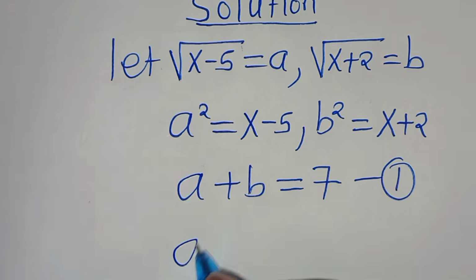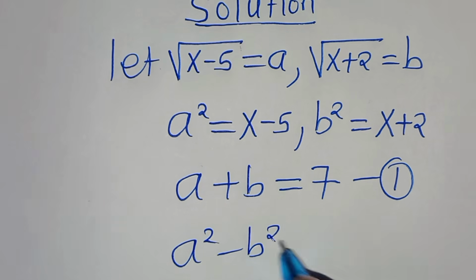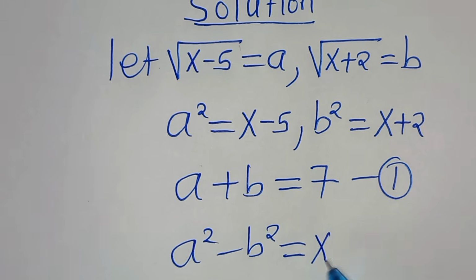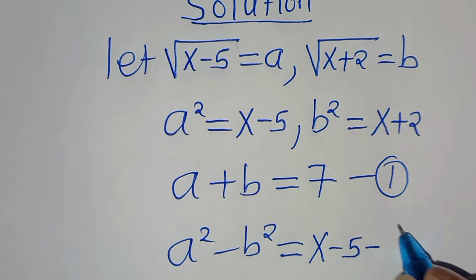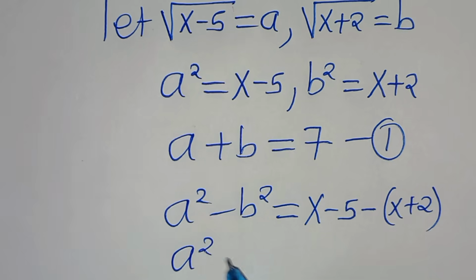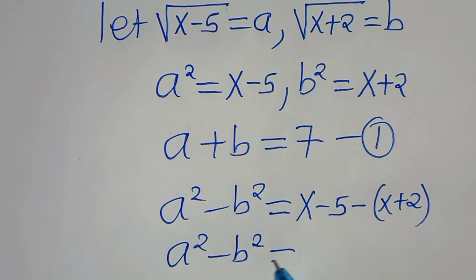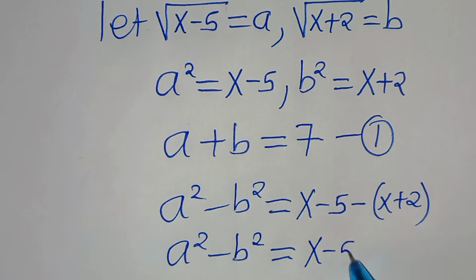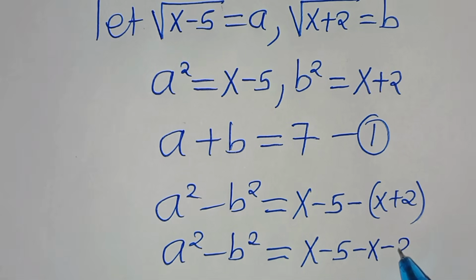So that we have a squared minus b squared equal to x minus 5 minus x plus 2. And this means that a squared minus b squared is equal to x minus 5 minus x, then minus times plus 2, this is minus 2.